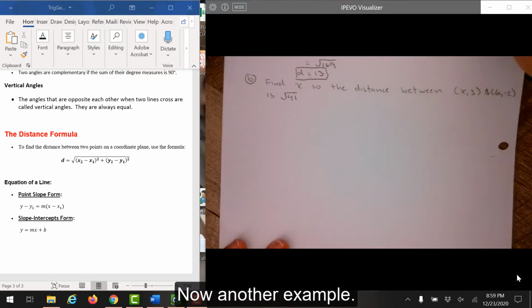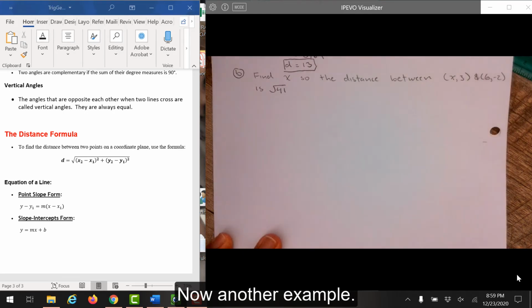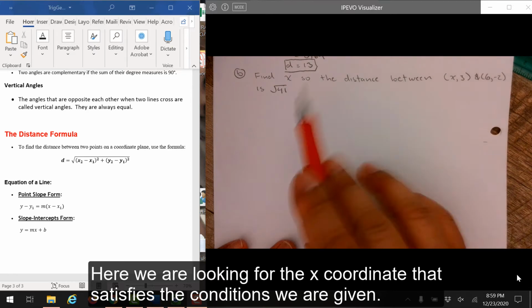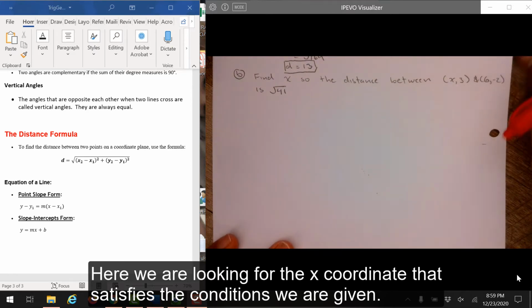Now another example. Here we are looking for the x-coordinate that satisfies the conditions we are given.